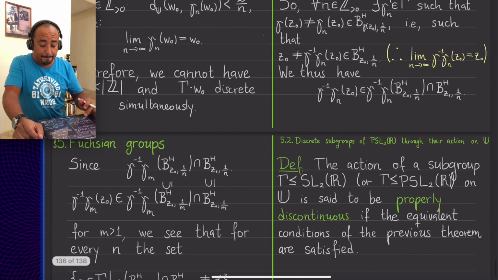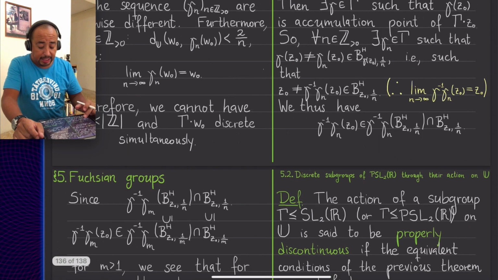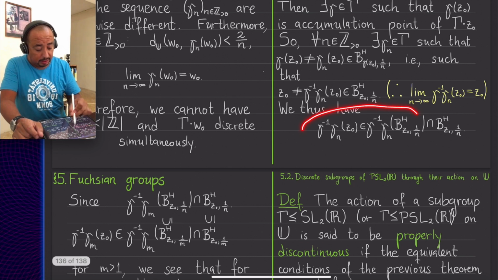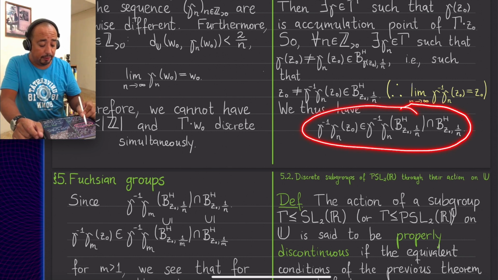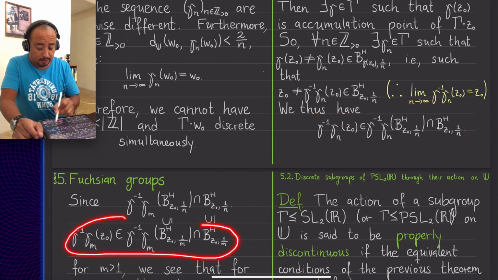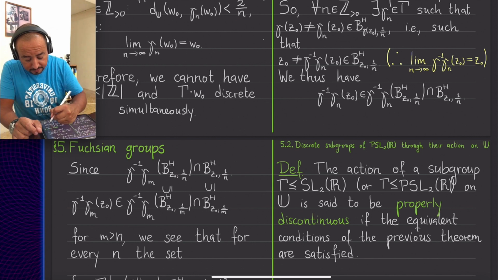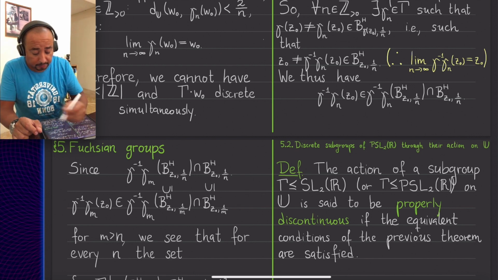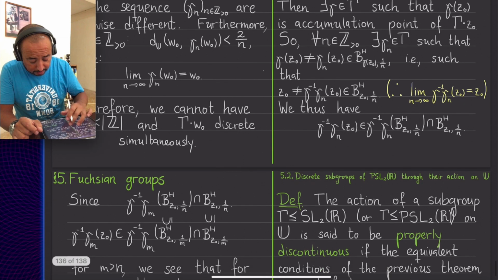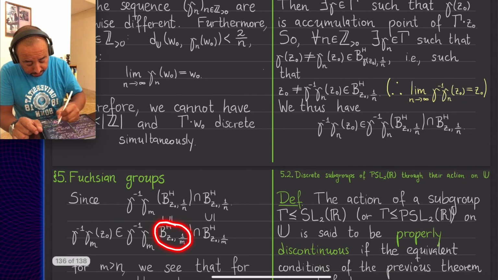So for m greater than n, you see here, if instead of n you write m, you still have the same, right? But if m is greater than n, you see this ball is contained in this ball, of course.